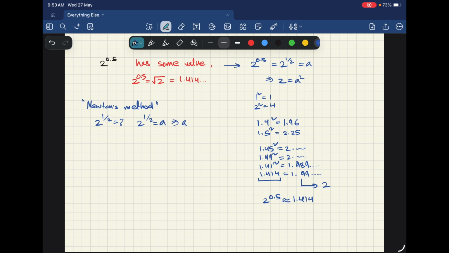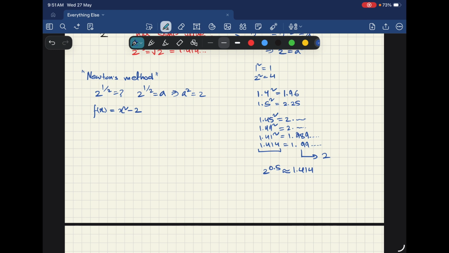That gives again a square equal to 2. Now we define a function f of x, which is x square minus 2, right? And if x tends to a, that means x square will tend to a square, that is 2. So our function f(x) will tend to 0.